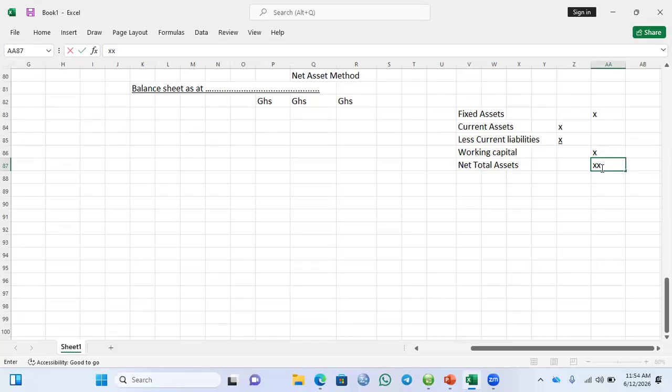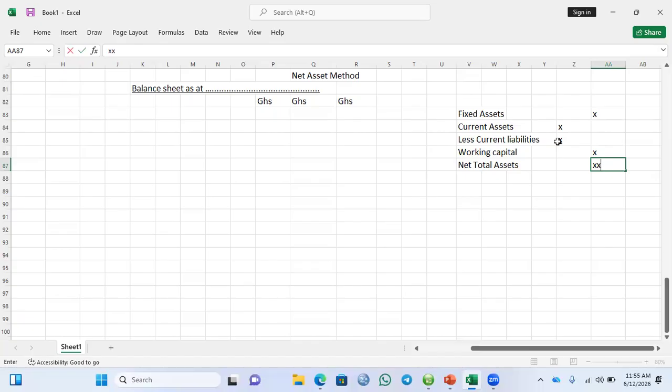So my professors should appreciate that if you are preparing the balance sheet using this method I'm teaching you, you begin with your fixed assets, as you see here, right? Then after, you go and look for your working capital. Working capital is simply your current assets minus your current liabilities.